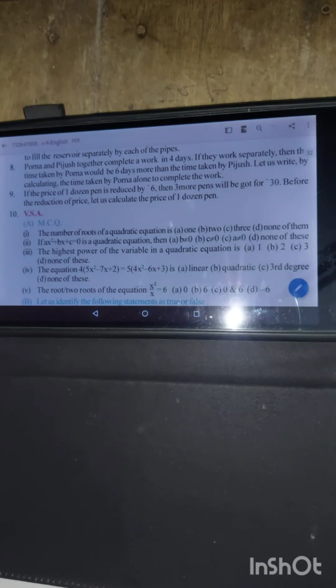That is why we are getting 3 more pens for rupees 30. Before the reduction of price, we have to calculate the price of 1 dozen pens.